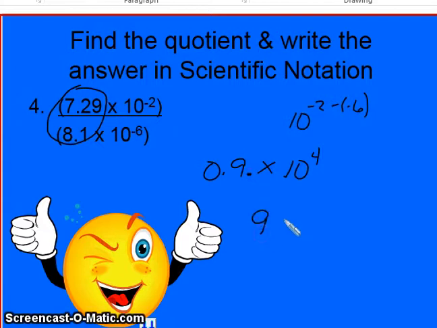So I have 9 times 10 to a power. Now, my power before was 4. In order to get this decimal point that I put in back to its original place, I have to move it to the left 1 unit. So I'm going to subtract 1 from the power I had before. That means my answer in scientific notation is 9 times 10 to the 4 minus 1, or the 3rd power.